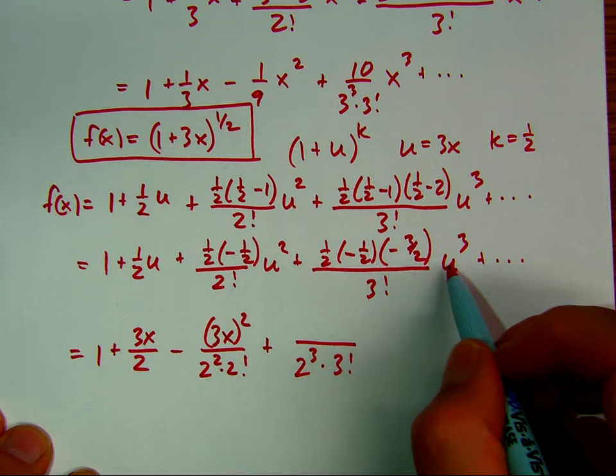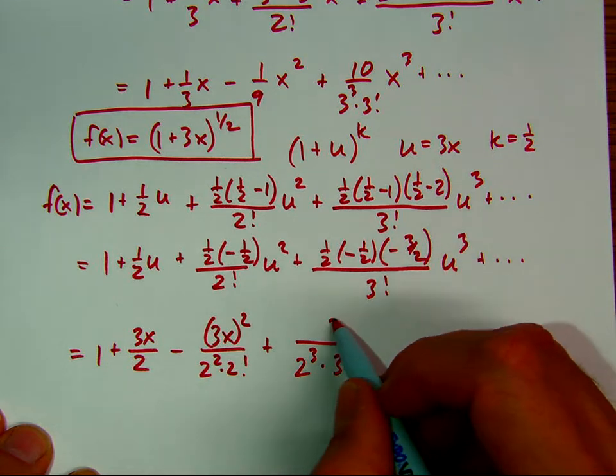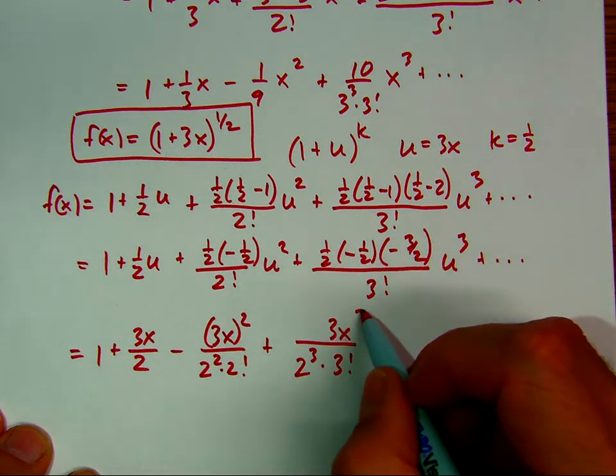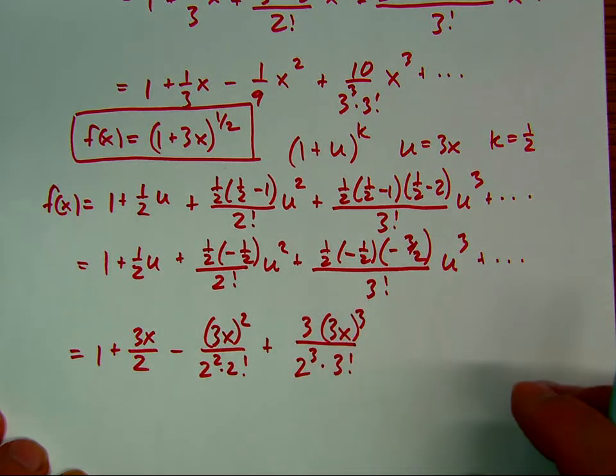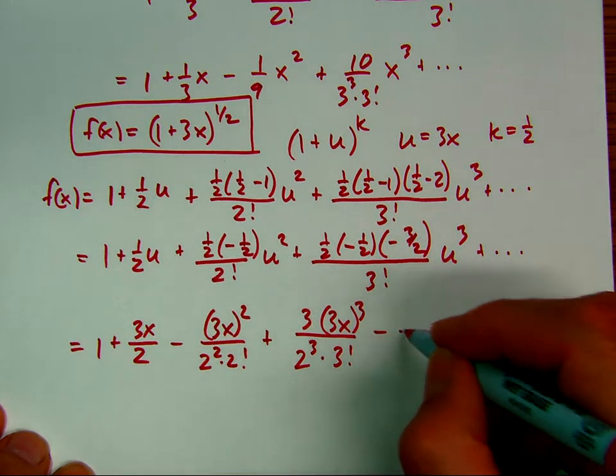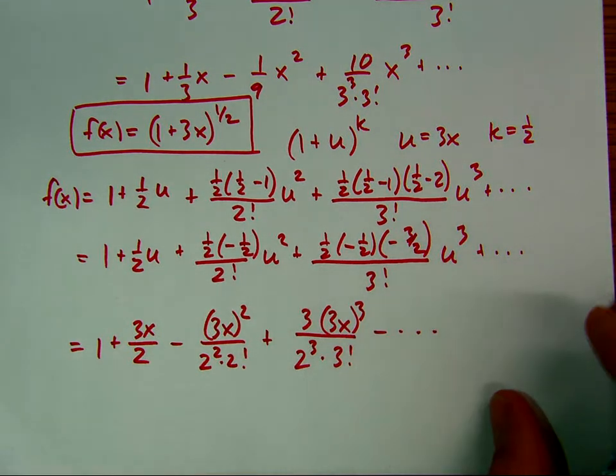U is 3x, so we'll have 3x cubed. And then we have a 3 in the numerator. Okay, so that was the series for binomial functions.